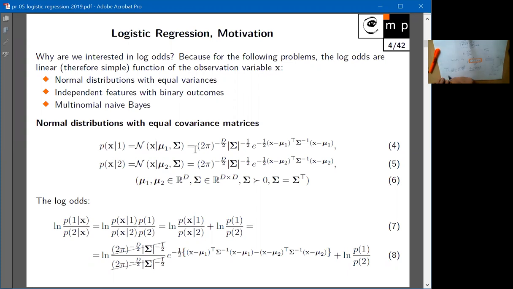So we'll end up with the product, then 2 pi to the power of d/2, and then e to the minus 1/2 and a sum.